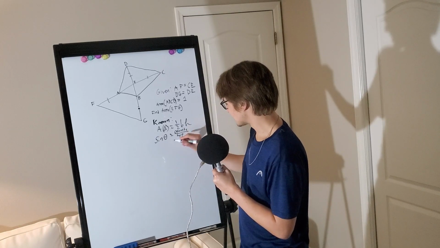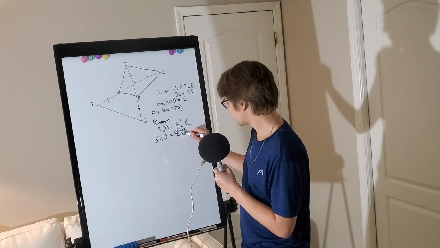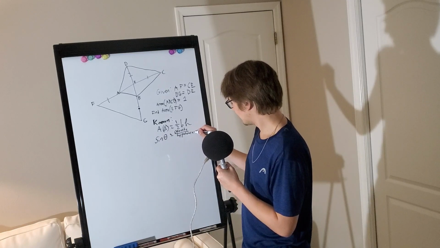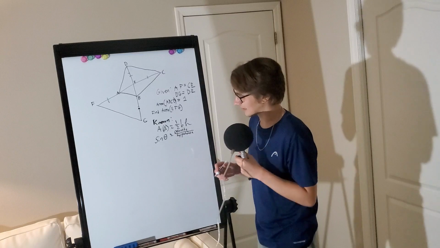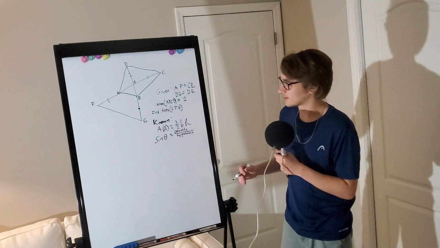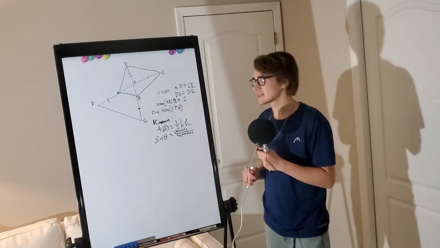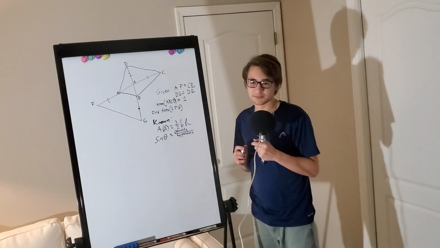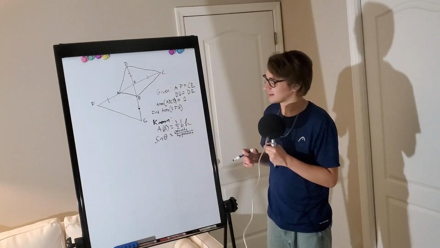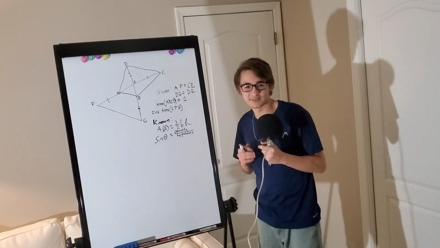That ratio is the sine of that angle. This is just the definition of sine. So these are the only two things we know. And using just those two things, we can solve this problem. We can prove that the area of EFG is equal to something that we can know.